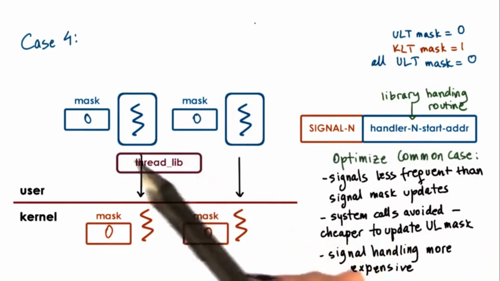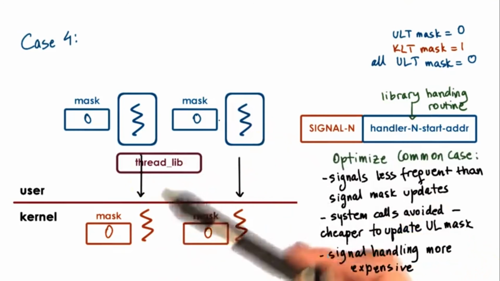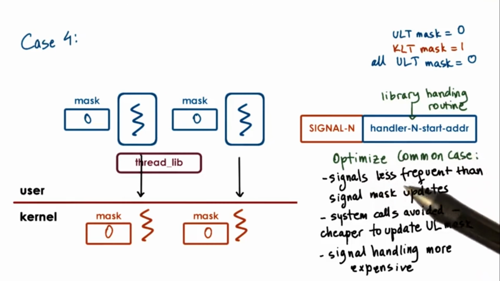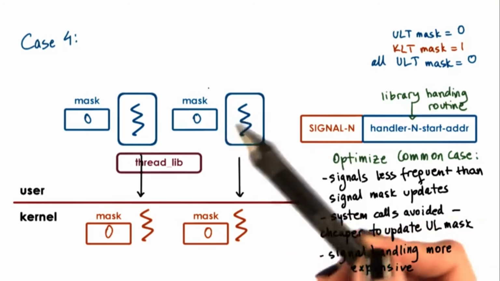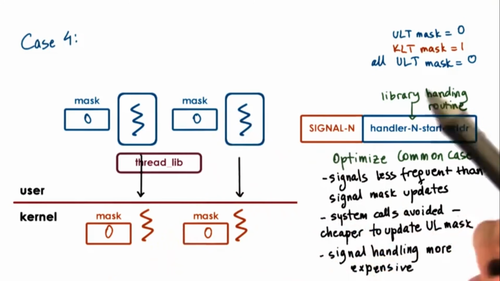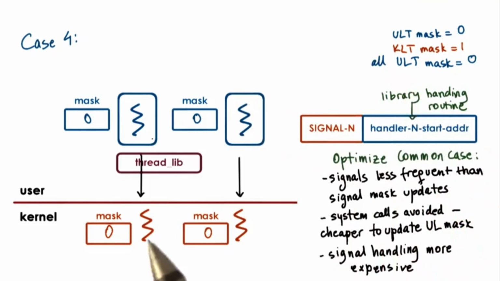The solution for how signal handling is managed and what kind of interactions happen between the kernel and the user level library is in the same spirit of optimizing the common case. Signals, actual signals, occur much less frequently than the need to be safe and update the signal mask. So whenever we would have a certain critical portion of the code, we would first disable and then again enable the signal.